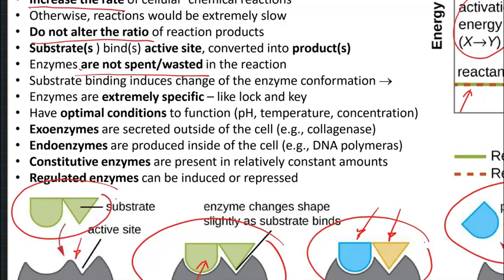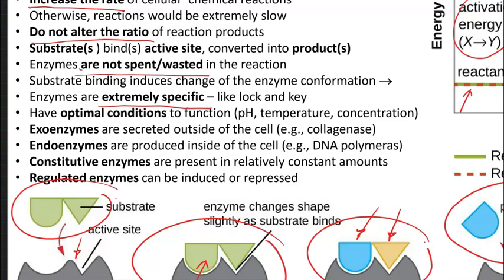Now, enzymes are extremely specific. That being said, they can facilitate a very specific reaction. But as we will see pretty soon, there is a chance to design molecules that would look similar to a substrate in order to inhibit the enzymatic function.